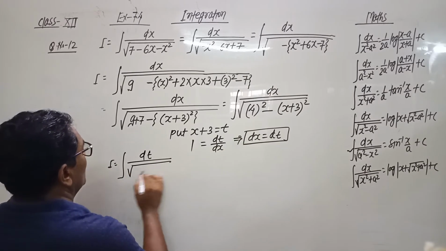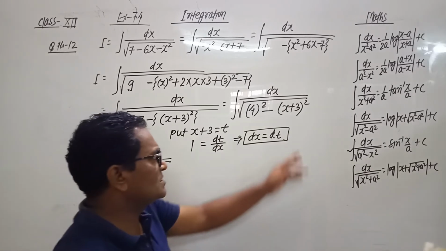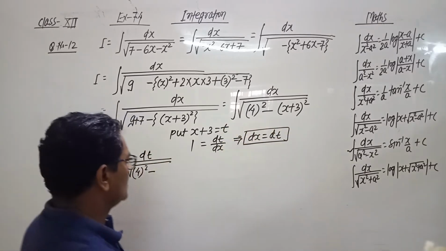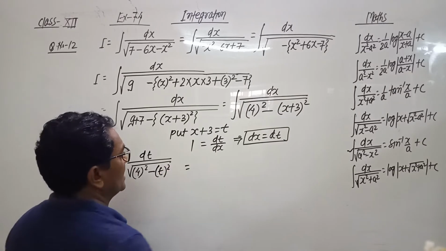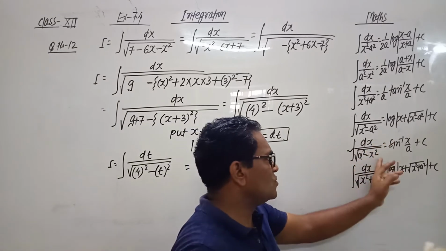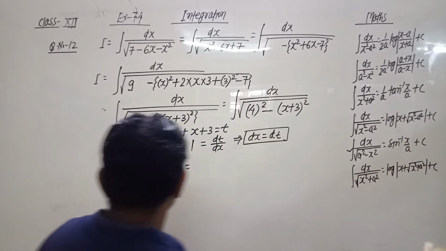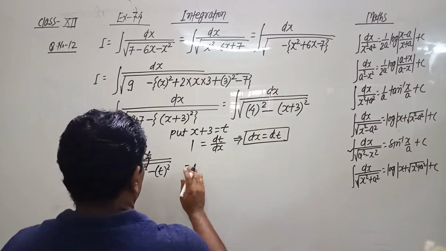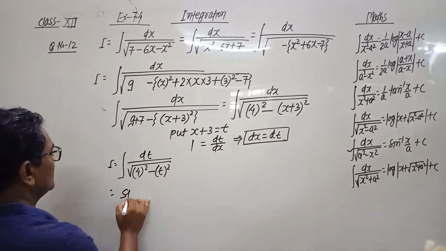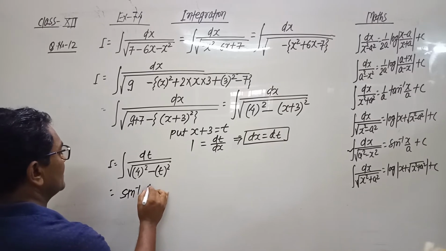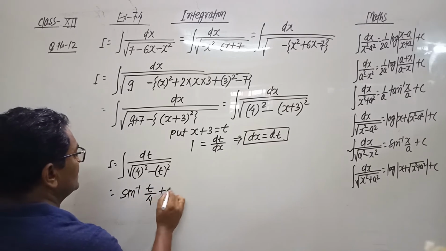Under root of 4 the whole square, and x plus 3 we have taken as t, so it becomes t the whole square. Now the formula dx upon root of a square minus x square gives sine inverse x by a, and in place of x there is t.